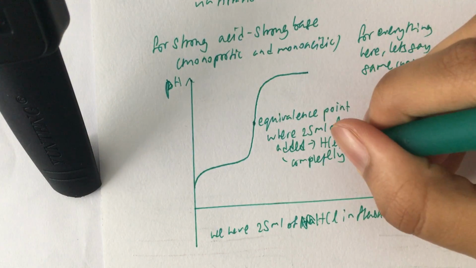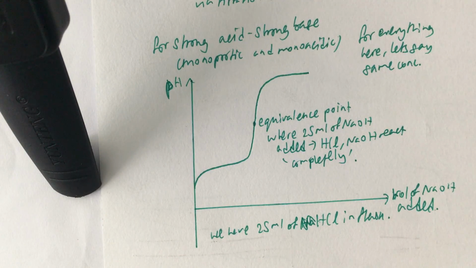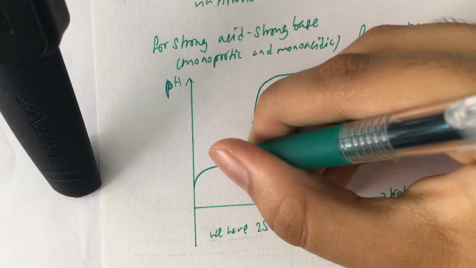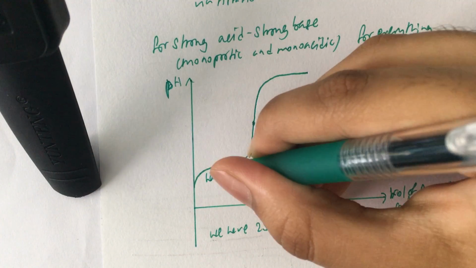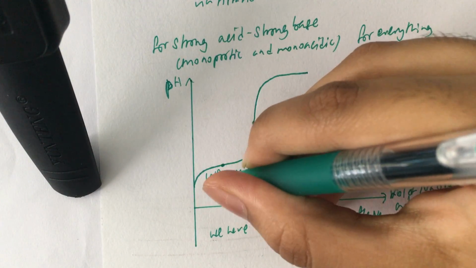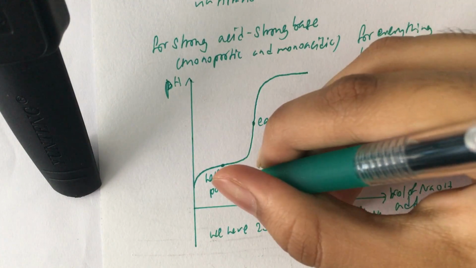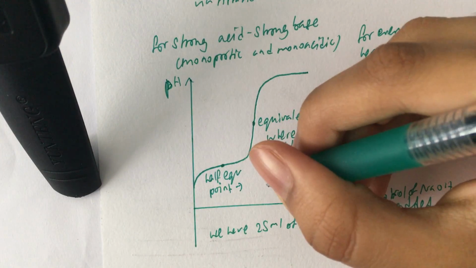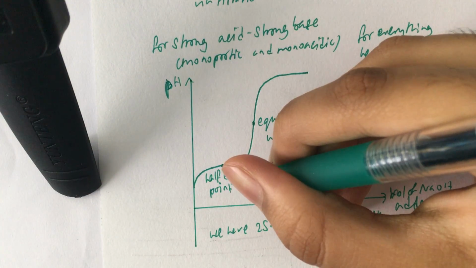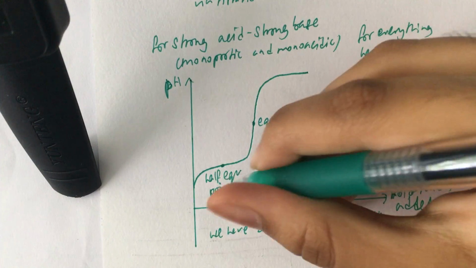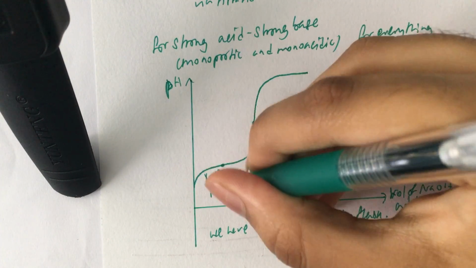So yeah, they both reacted with each other completely. There is neither acidic nor basic at this point. I wrote that a little bit too quickly, but technically that's the half equivalence point around 12.5 milliliters of NaOH, but we'll look at that later.